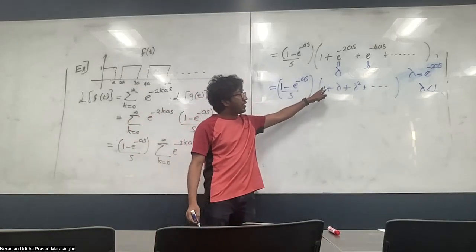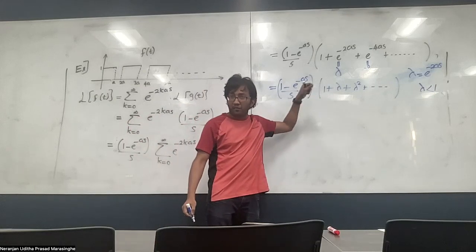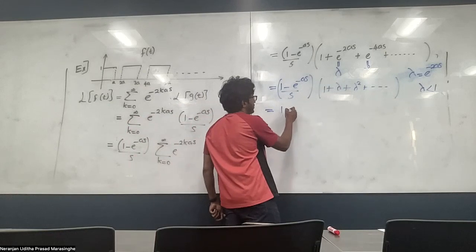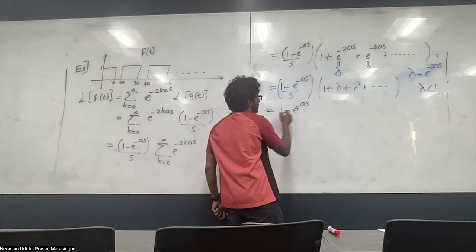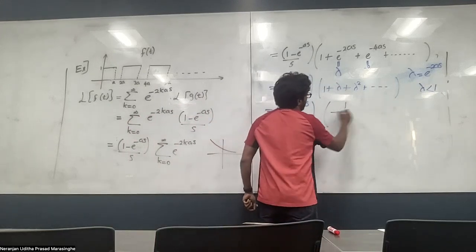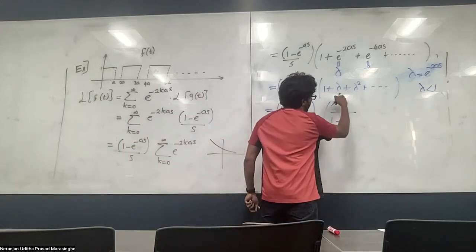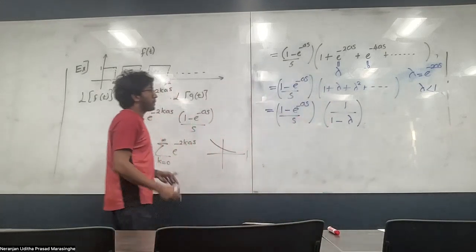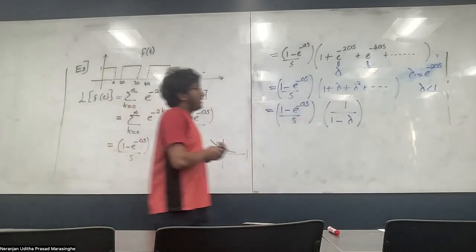The summation is given by the first term divided by 1 minus the common ratio. Right? So the summation is equal to the first term, that is 1, divided by 1 minus the common ratio, that is lambda. What is my lambda?